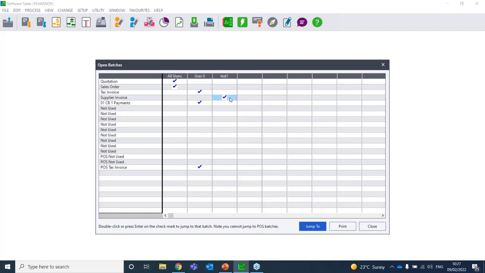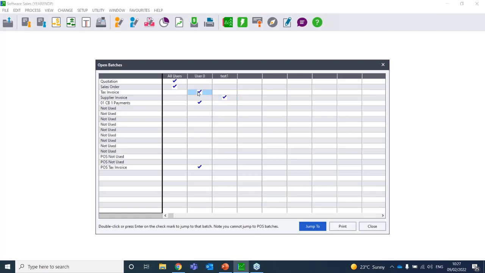Now, guys, if you're using GRNs, different story, it is already counted. But let's say you're not using GRNs or you're on Express. You need to know that the supplier invoices in an open batch have not affected your physical stock on the floor. If you've already received that stock, you need to update that batch.